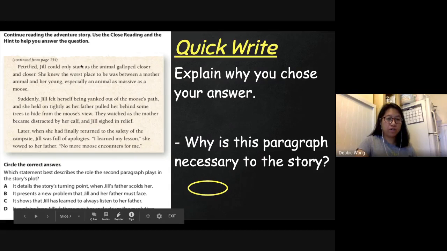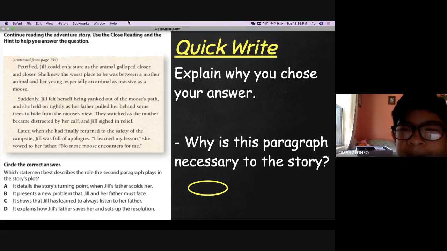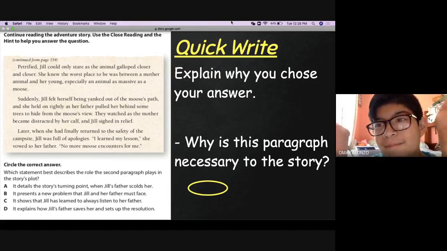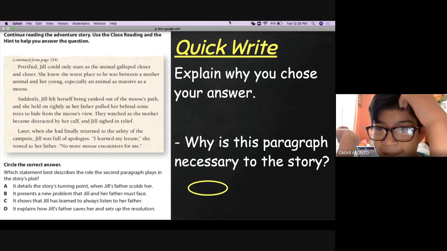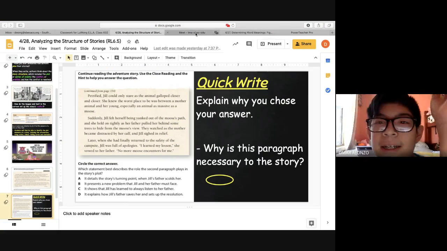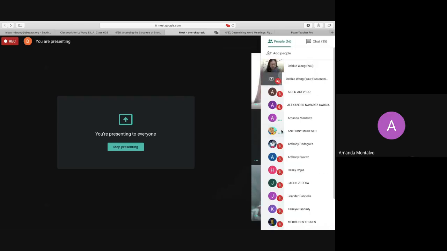Can I get another reader to read the next paragraph? All right, I'm going to have to start calling on people. Okay. Let's see who's in here.